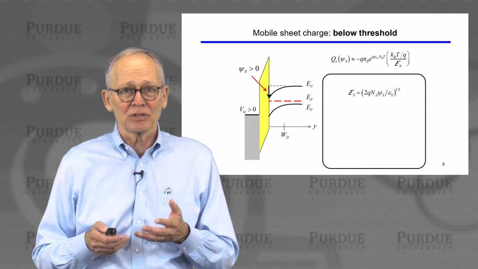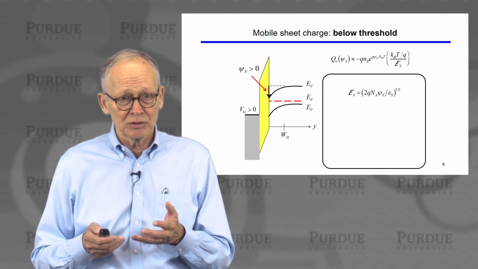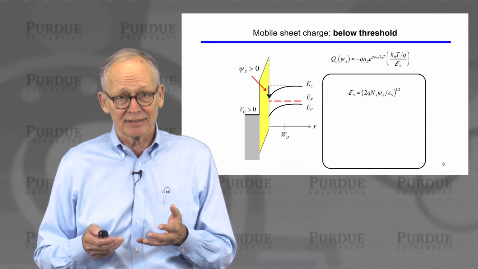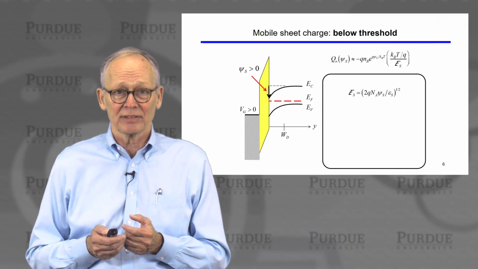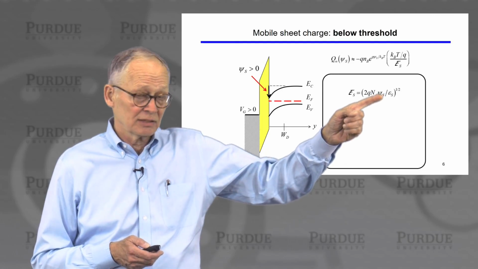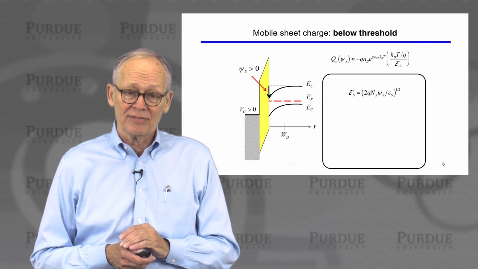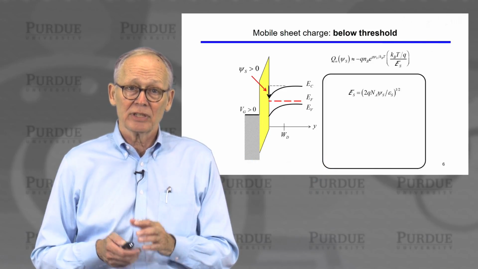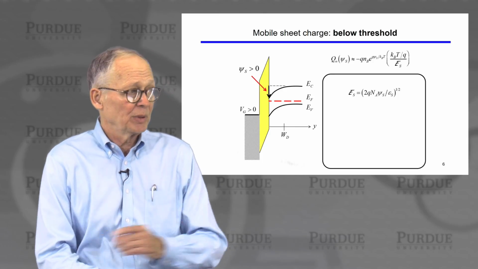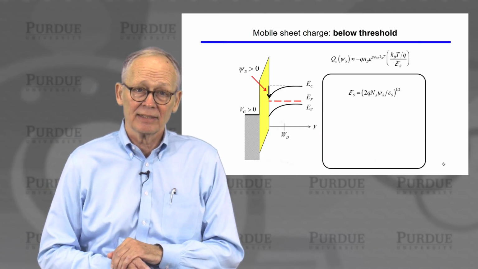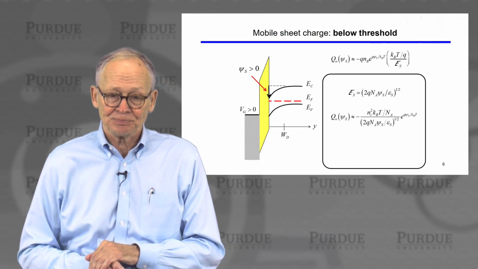We're still in a mostly depleted region. We can ignore those as far as the electrostatics is concerned. They carry all of the current, but we can ignore them as far as the electrostatics is concerned. So we can evaluate the surface electric field using our depletion approximation formulas that we developed earlier.